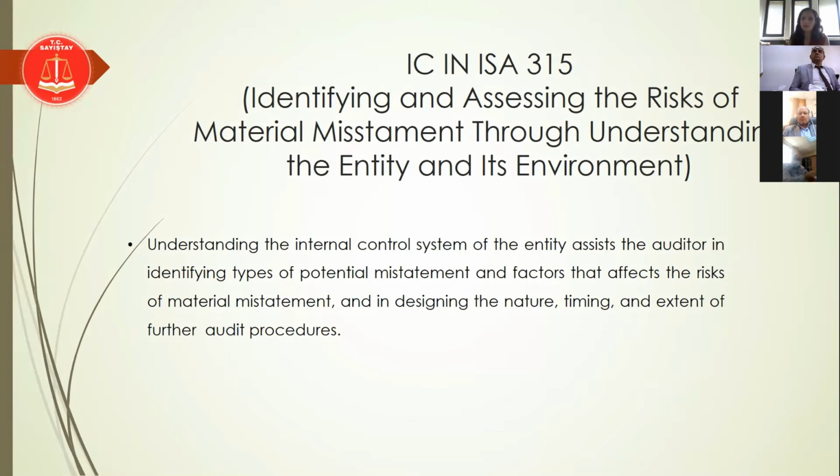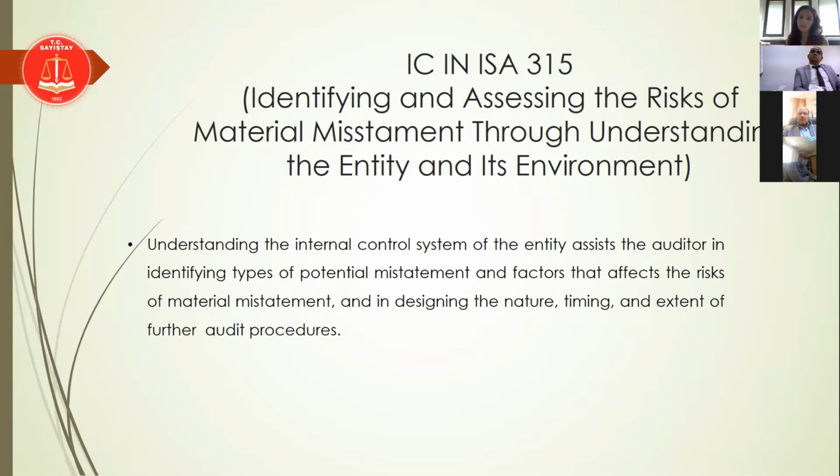And again, according to this standard, understanding the internal control system of the entity assists the auditor in identifying types of potential misstatement and factors that affect the risks of material misstatement, and in designing the nature, timing, and extent of further audit procedures. This is clearer than the other standards.